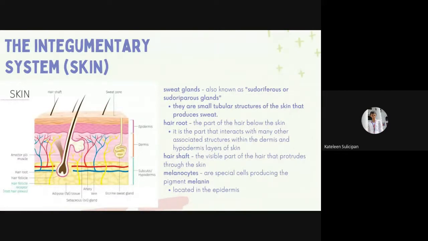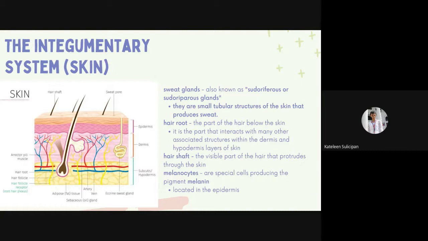And yung melanocytes naman are special cells producing the pigment melanin. So, yung melanocytes is located in the epidermis. So, ito yung nag-a-affect ng color natin. Like, di ba yung melanin? Kung mas marami kang melanin, mas brown yung skin mo.